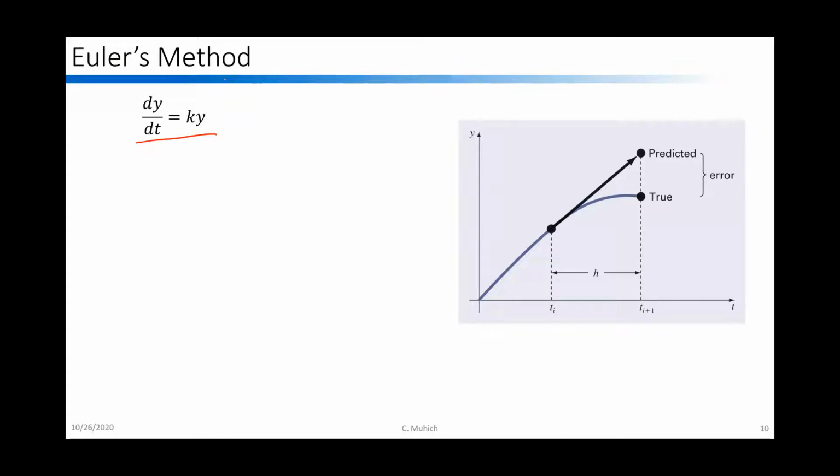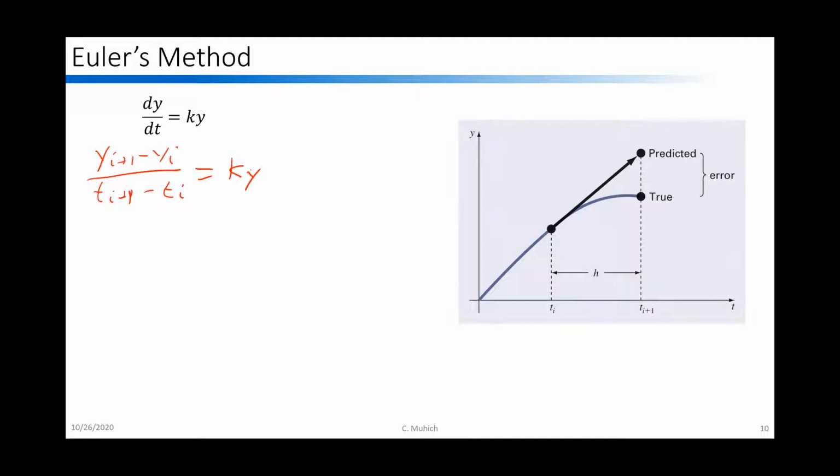Remember from last time when we talked about differentiation, we said we can use a function for what our derivative is. So we can use our forward difference formula. We can say y i plus 1 minus y i over t i plus 1 minus t i is a valid definition for my derivative. So that still equals ky.